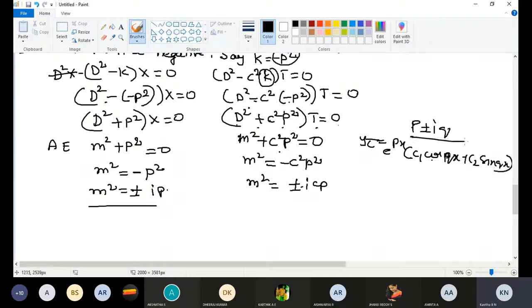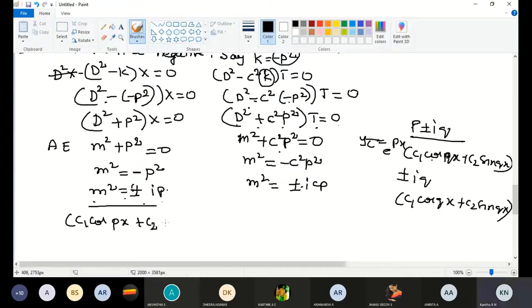Okay, this is the solution. Then we have only plus or minus iq, means we have to write c1 cos qx plus c2 sin qx. Okay. Then here m is equal to plus or minus ip, c1 cos px plus c2 sin px.